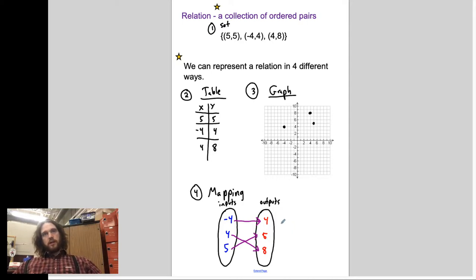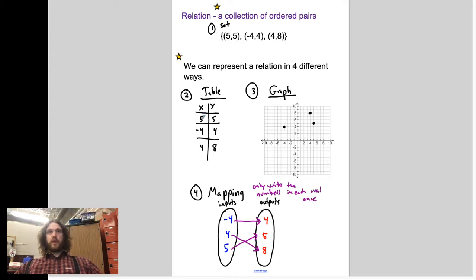The reason a mapping is different than a table is, in a mapping, you only write the numbers in each oval once.